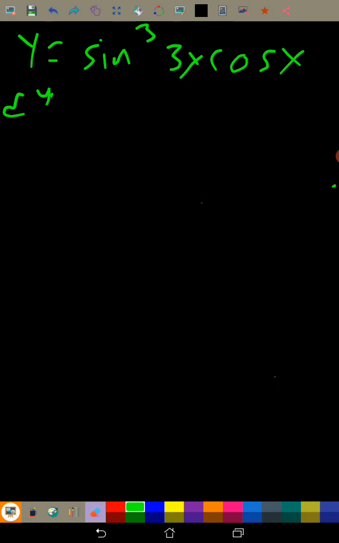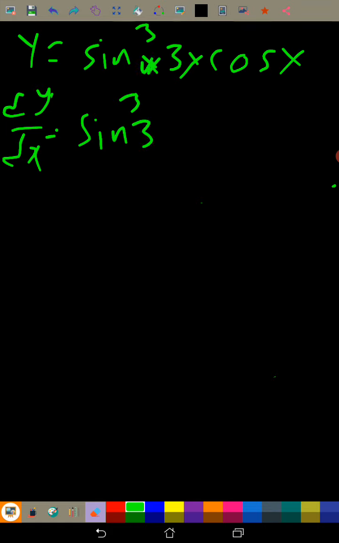So let's do the dy by dx. So we have sine x, sine 3x. It should be x here. Wasn't it? Okay, I got this written the wrong way. There is nothing here.